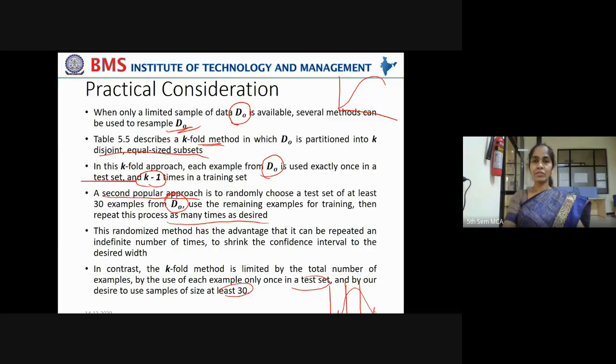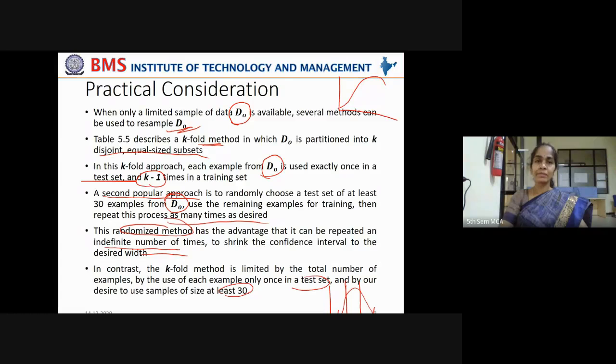In k-fold cross-validation, we have a limitation that every partition should contain at least 30 data points, and each data point will undergo training k minus one number of times and testing only once. Okay, so this is completely different from the randomized method where you repeat the experiment for an indefinite number of times. There is no limitation.